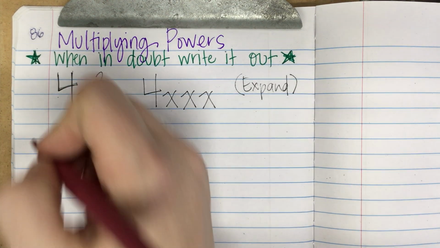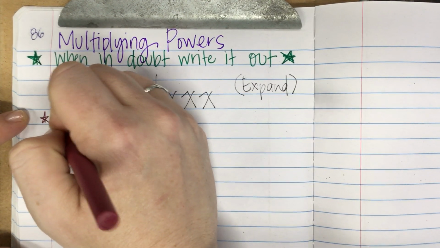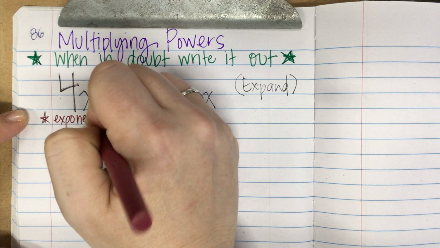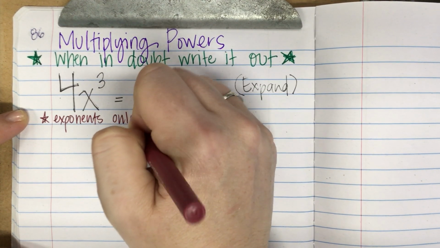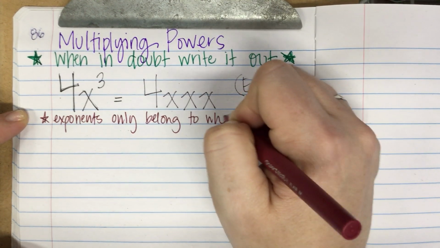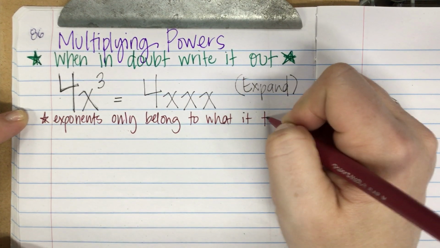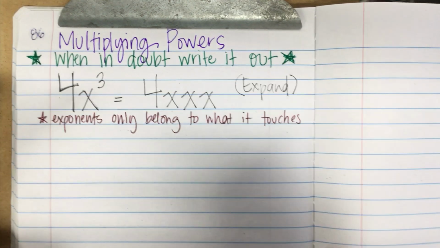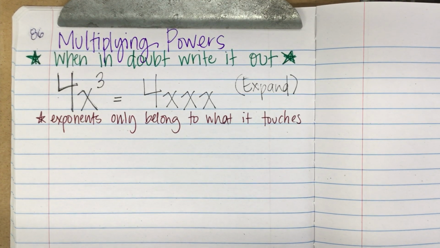But we have to remember that exponents only belong to what it touches. And that can be something that kind of trips us up when we're not taking our time and really thinking through it.